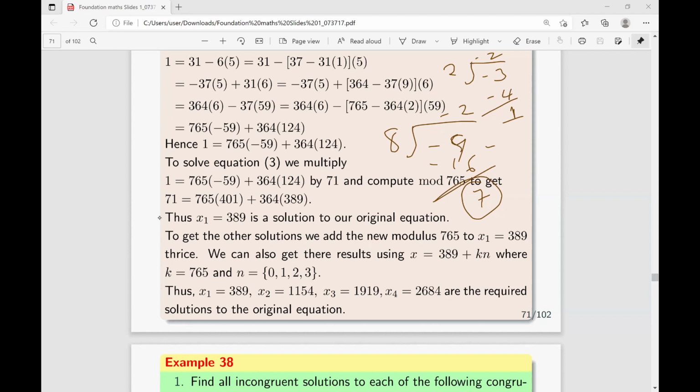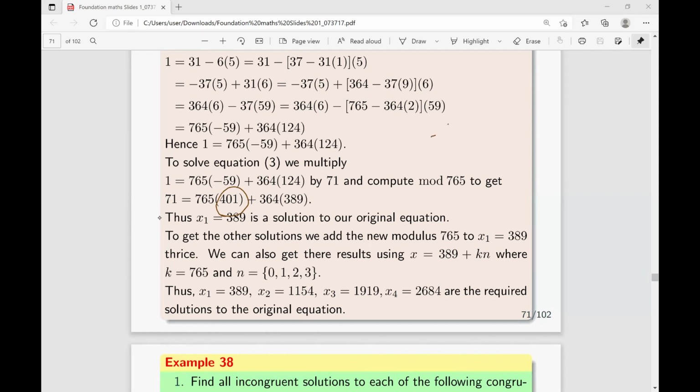Let me just clear this and then I continue explaining. What we were doing, we were asking ourselves, how did they get this? So I multiplied 71 by negative 59. I divided the answer by the mod, 765, and that gives you the remainder of 4.